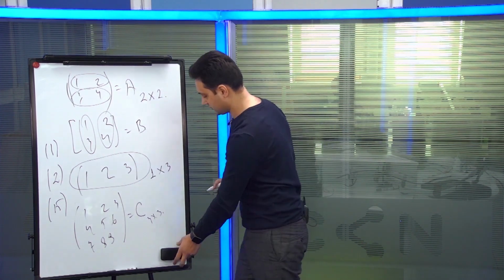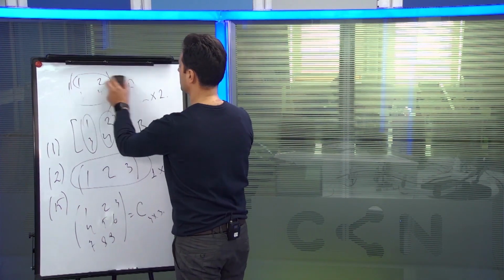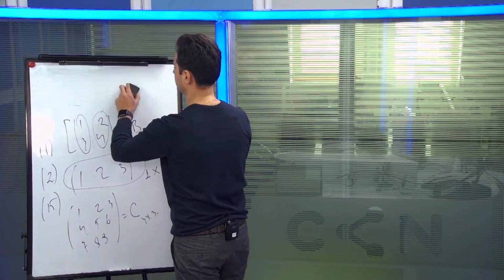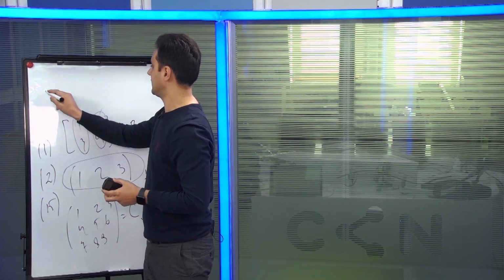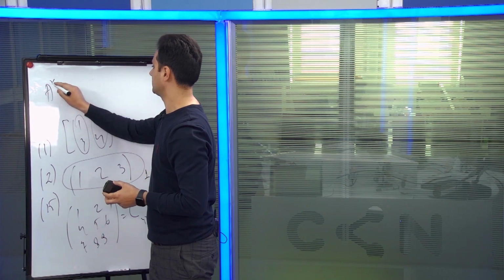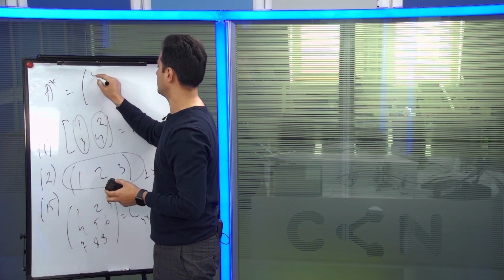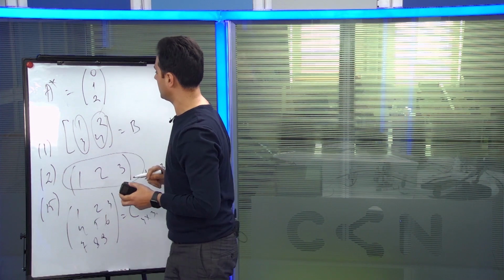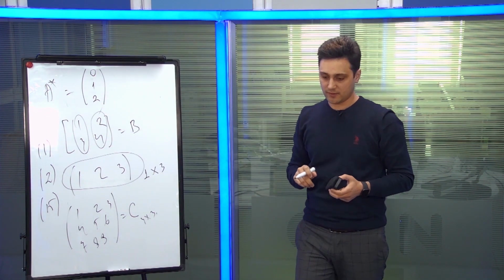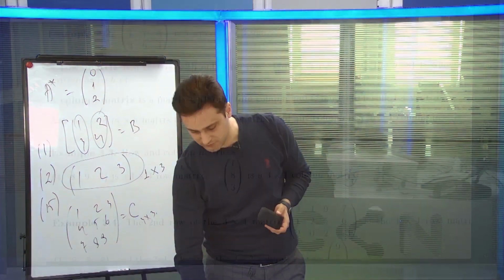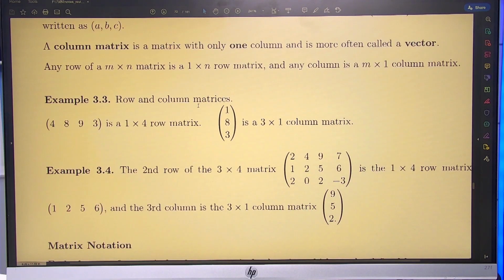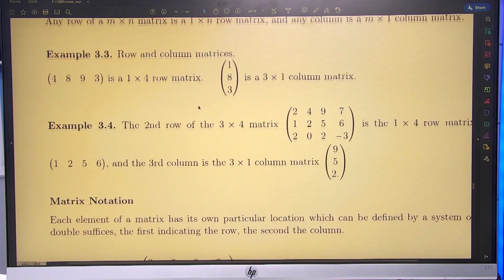Meanwhile, we can define the column matrix, which has only 1 column. For example, we say A star is 0, 1, 2. It's called a column matrix. In example 3.3, you can see another 2 examples related to row matrix and column matrix.